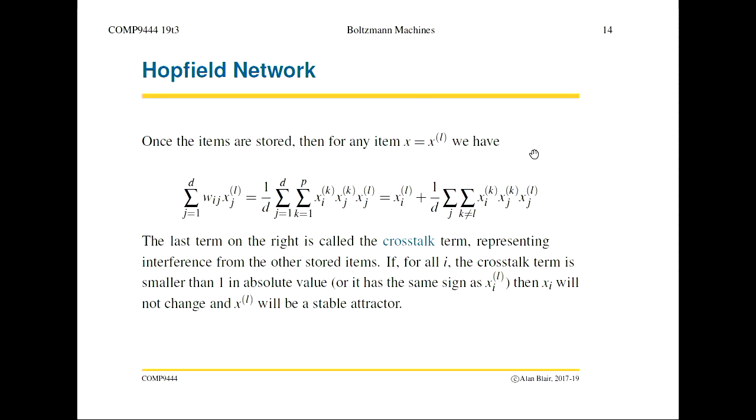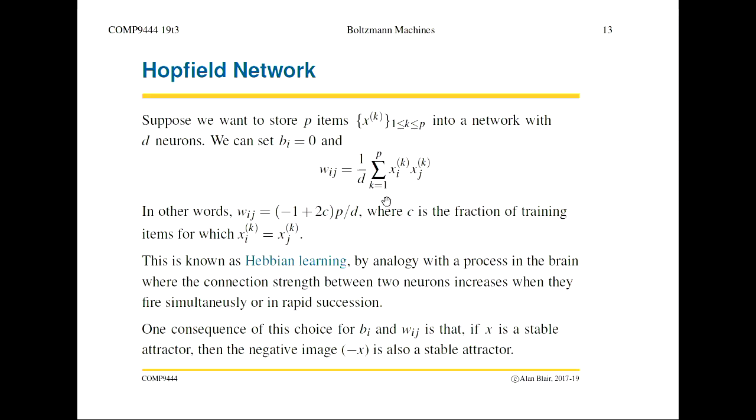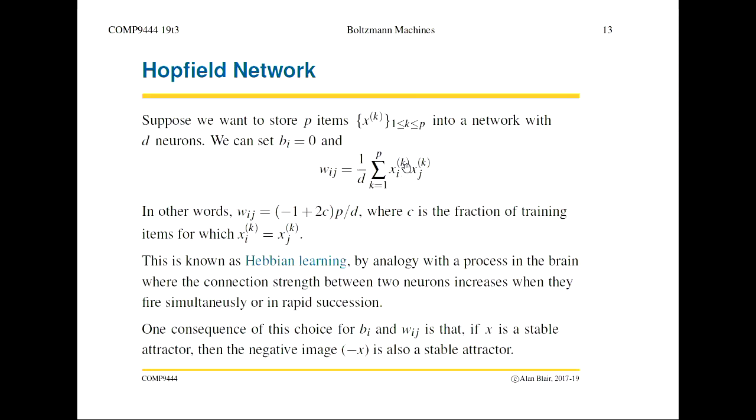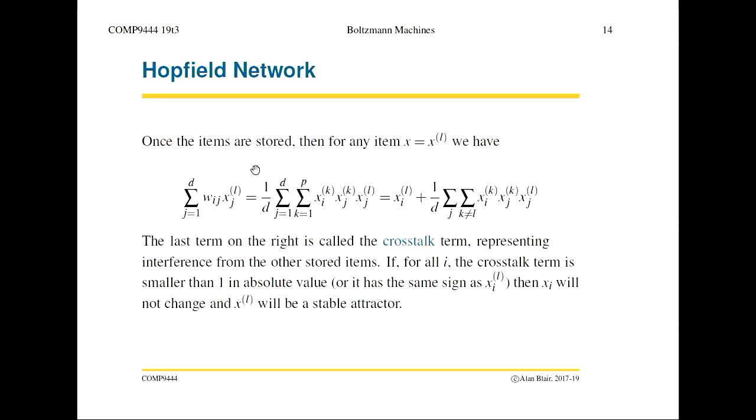So we won't go through all the mathematics, but basically it works out like this. If you plug this into here, if you figure out what this is, the sum over j of w_ij x_j, based on this, you get this kind of double summation. So this is the number that tells you whether or not a particular pixel is going to flip or not.